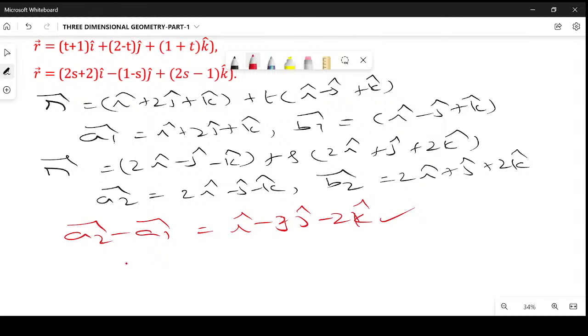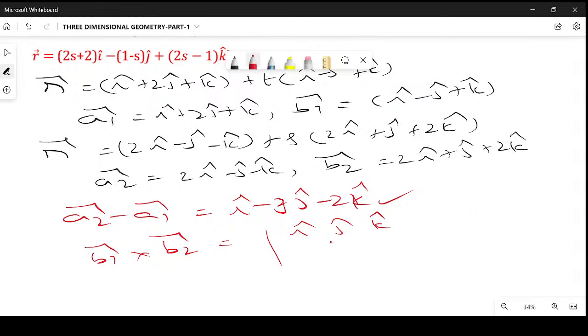The same way, to find the shortest distance, B1 bar cross B2 bar is required. Taking the determinant with i cap, j cap, k cap, I write B1 bar cross B2 bar with rows 1, minus 1, 1 and 2, 1, 2.